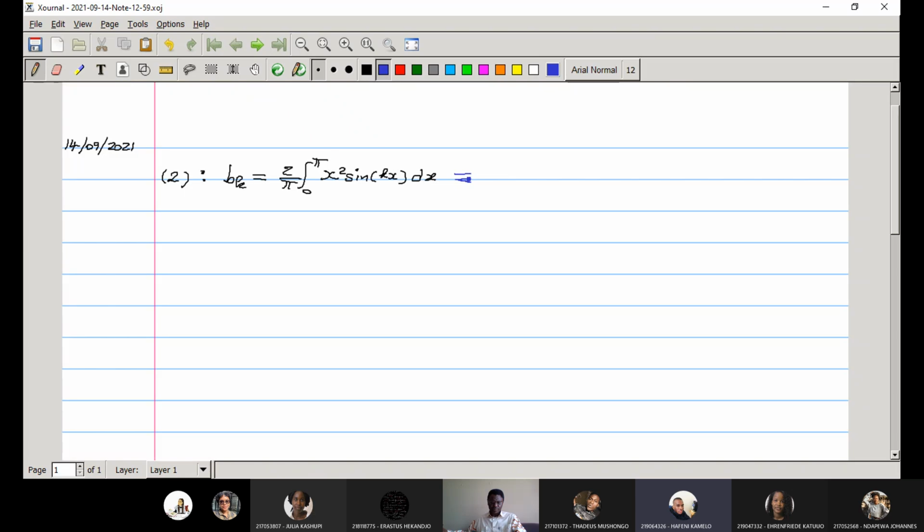I got my bk is 4 over pi multiplied by k to the power of 3. The pi is the one multiplied by k to the power of 3.